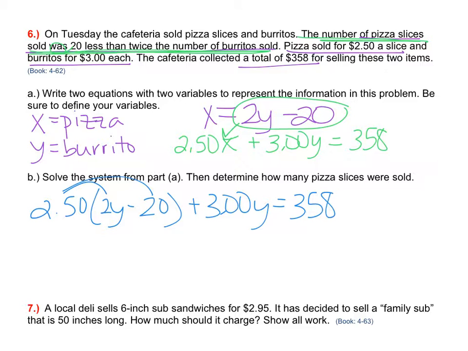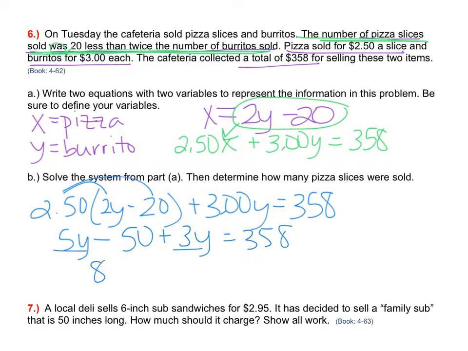So we can distribute. So 5y minus 50 plus our $3 y, which is changed to 3y, equals 358. We can combine like terms, so 8y minus 50 equals 358.